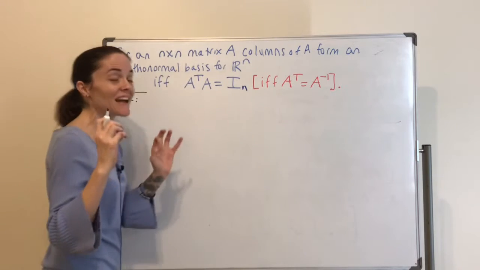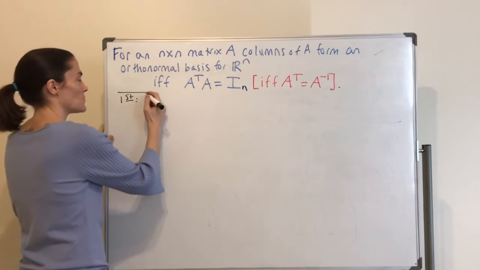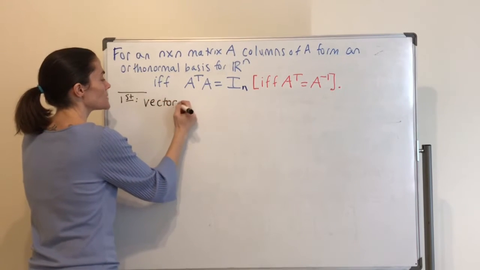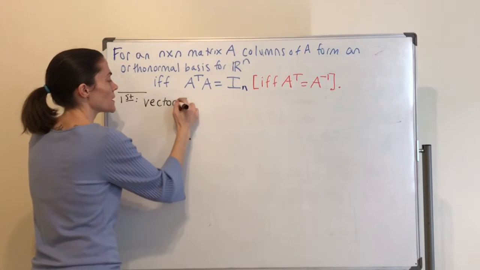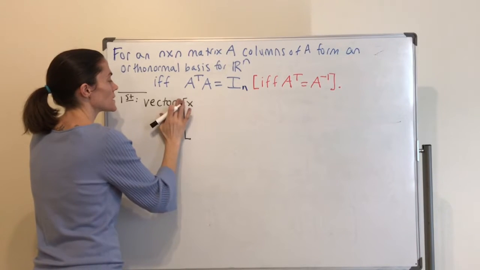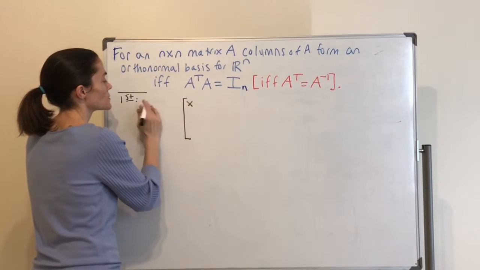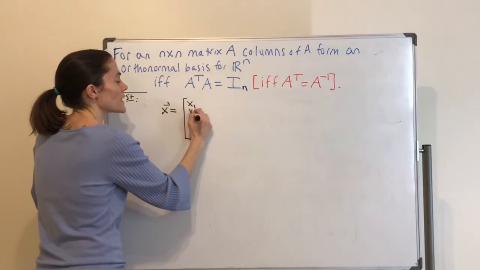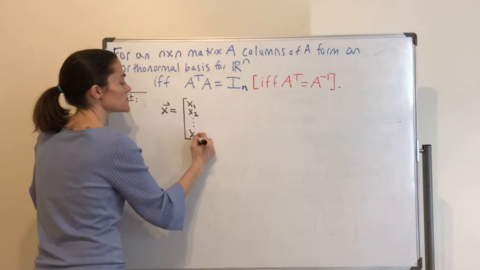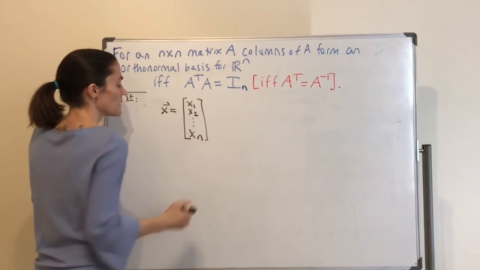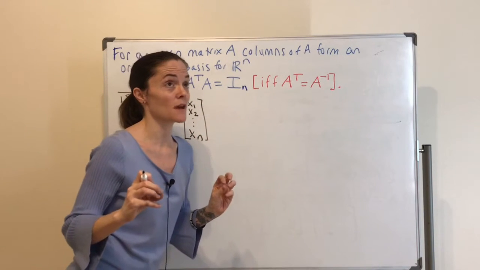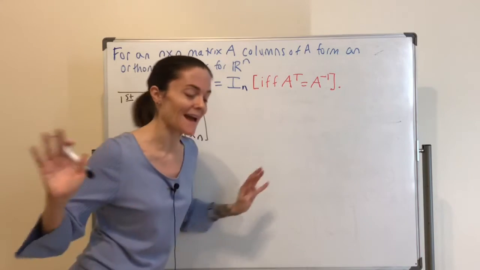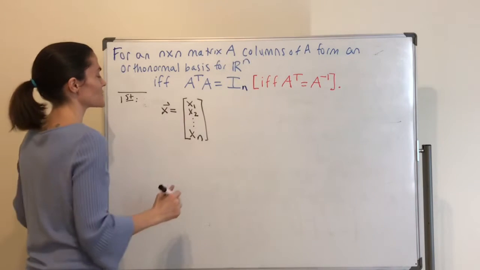I touched on this last time, but I will mention it a little more today. We write a vector as a column vector. This we discussed at the very beginning, that typically we think of vectors as columns unless otherwise noted or implied. So let's think about a vector like this.